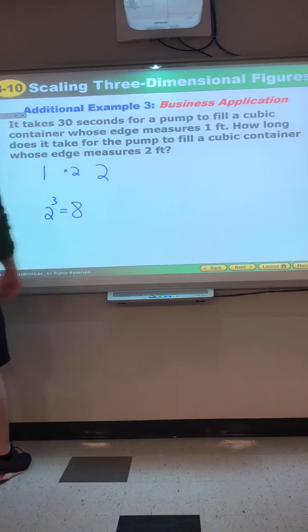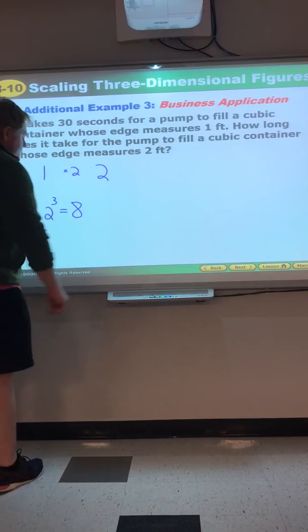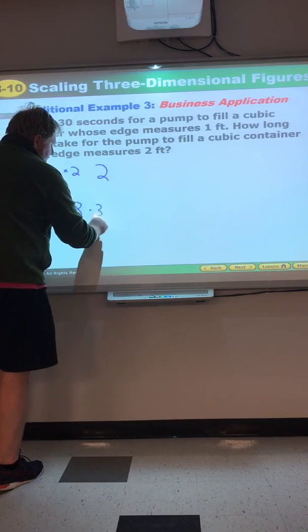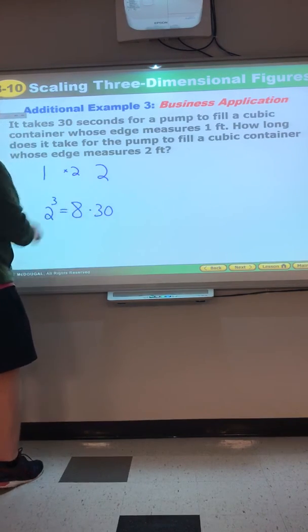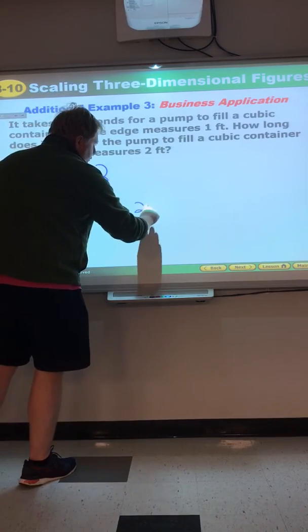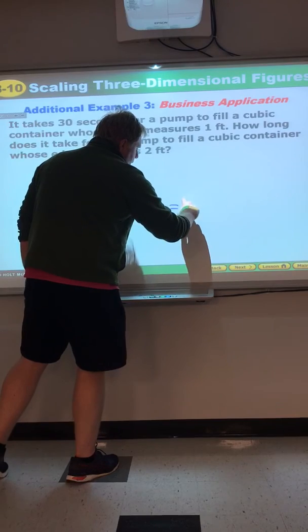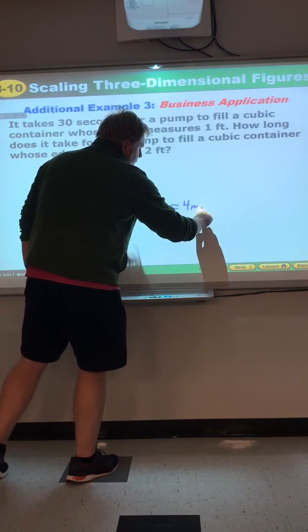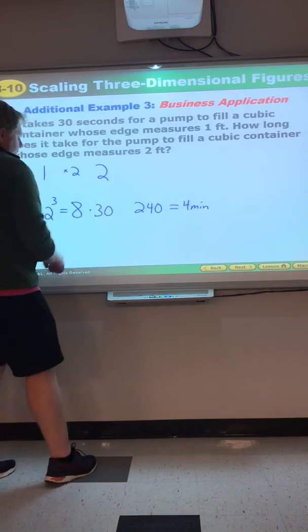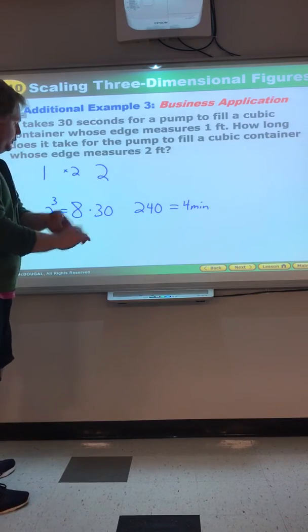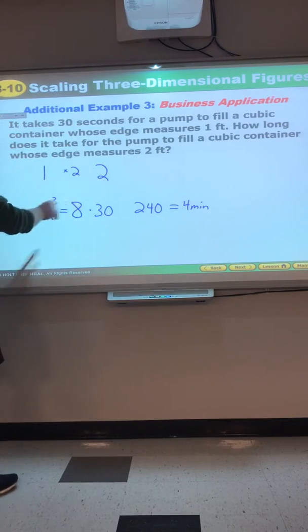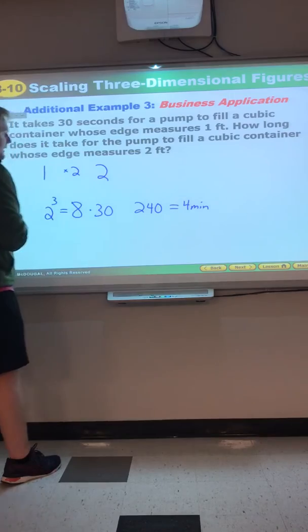It will take 8 times as long to fill the 2 by 2. So if we do 8 times 30 seconds, that will give us 240 seconds, which is 4 minutes. Or you can think this is a half a minute. Every 2 is going to be 1 minute, and that gets us to 4 minutes.